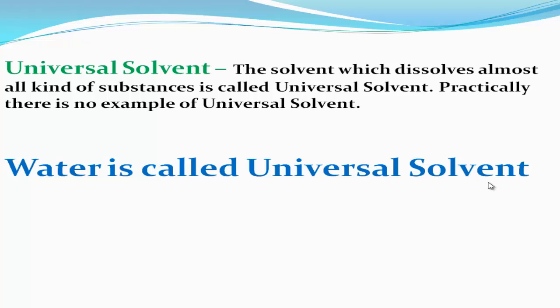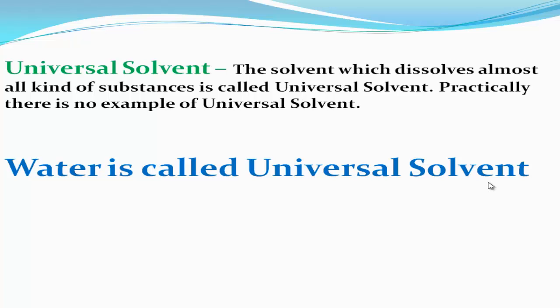For example, salt, sugar, different gases like carbon dioxide gas, oxygen gas, chlorine gas, also different acids, different bases, and different biological samples, for example, blood.